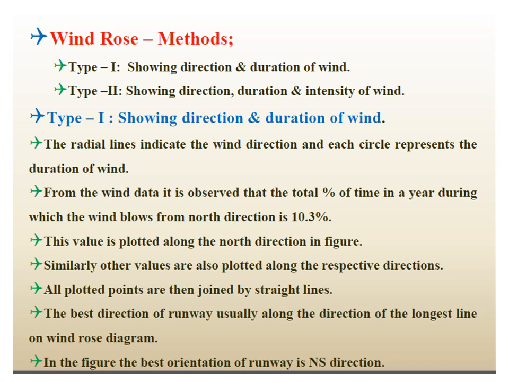Similarly, other values are also plotted along the respective directions, and then all plotted points are joined by straight lines. The best direction of the runway is usually along the direction of the longest line coming from the windrose diagram which we created using the wind data. In the coming figure you could see the best orientation of the runway is in the north-south direction.